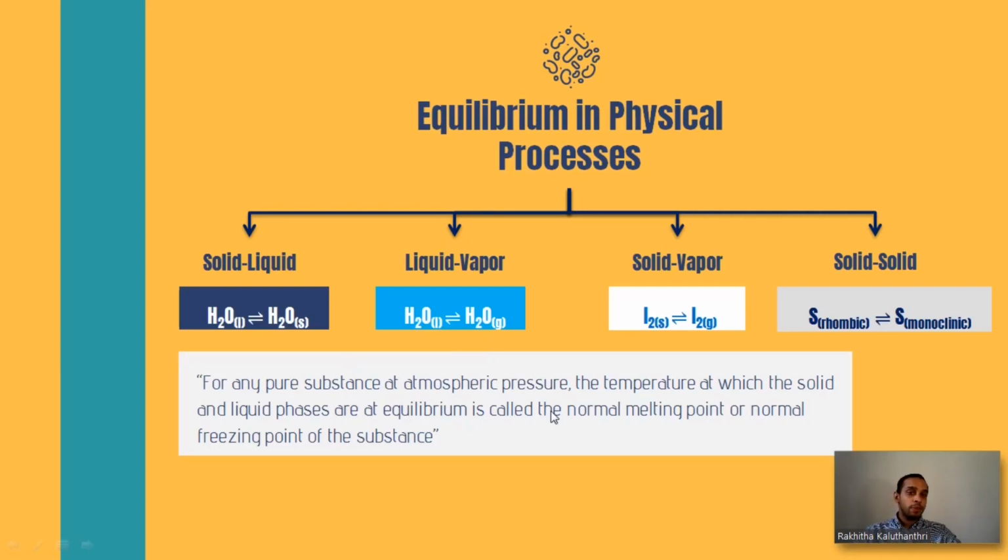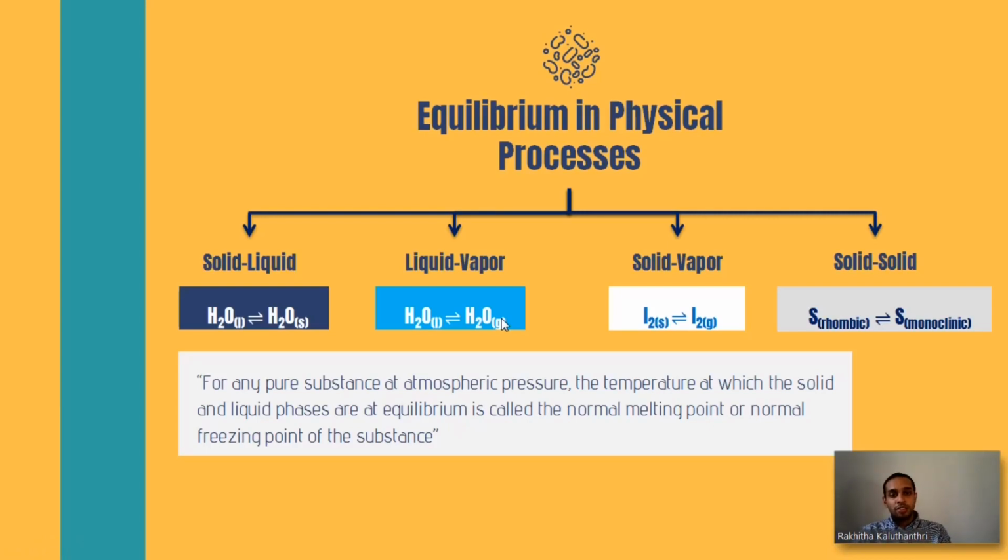So for any pure substance at atmospheric pressure, the temperature at which the liquid and vapor phases are at equilibrium is called the normal boiling point of that particular substance, right? So boiling point means where the liquid phase and the gaseous phase of that particular substance are at equilibrium at 1 atm pressure.